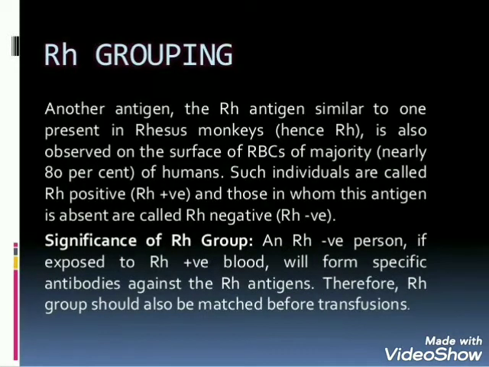About 80% of human individuals have the Rh antigen and hence they are called Rh positive. Others who lack this antigen are known as Rh negative. So before transfusion of blood, it is mandatory to check the recipient and donor compatibility as well as the Rh grouping.